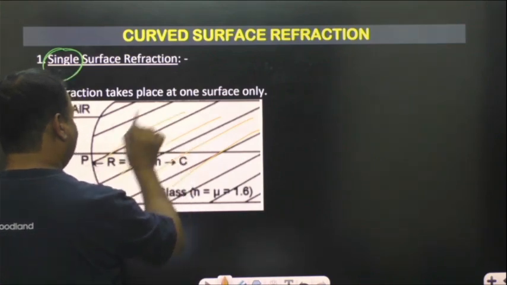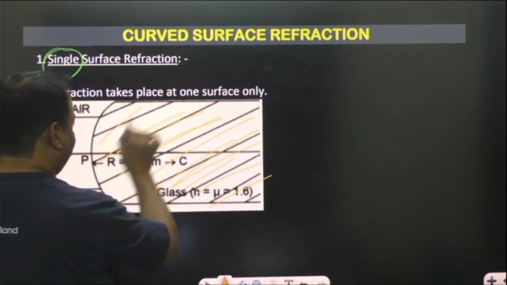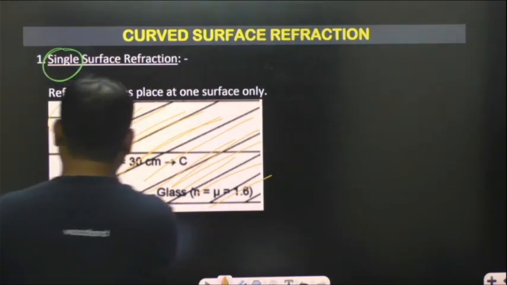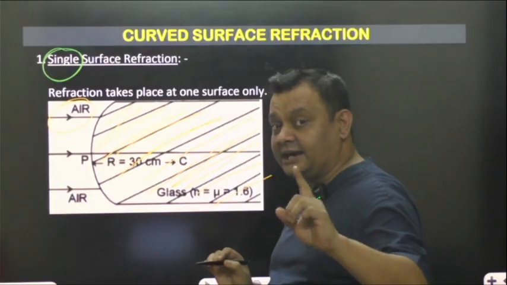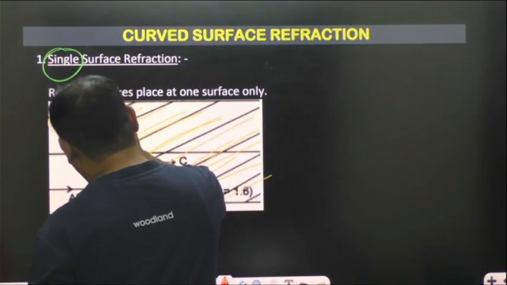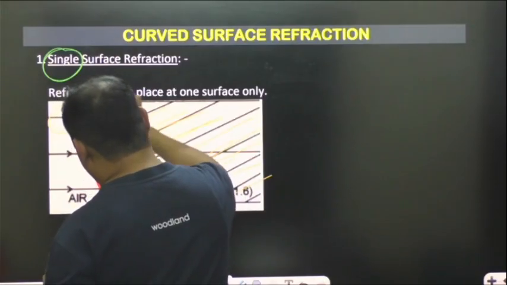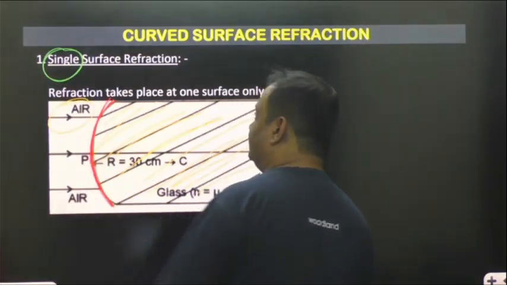On the right side there is homogeneity, overall there is glass, no other medium, and on the left side there is air. So when the light comes from air to glass, it is getting refracted at one surface only, the air glass interface or the air glass surface. Such situations come in single surface refraction.